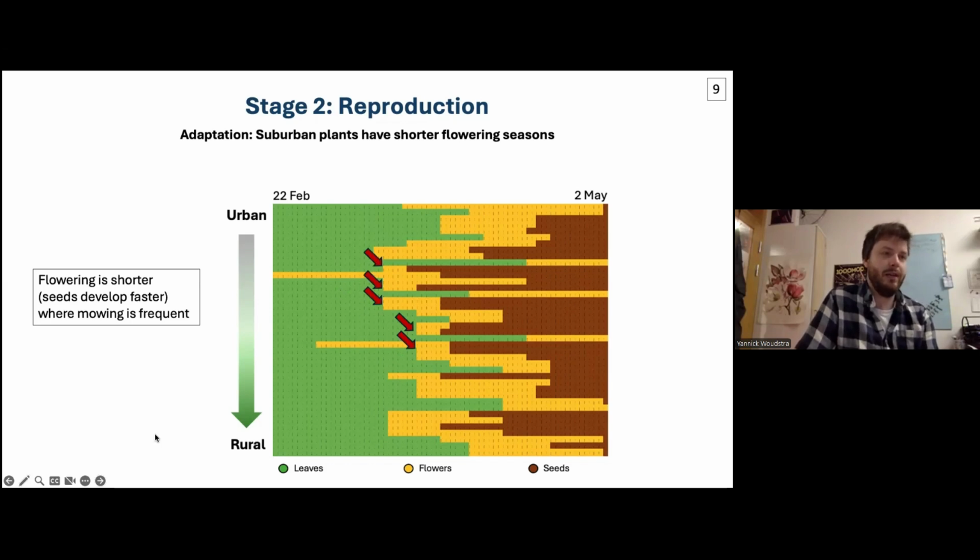So in these locations, mowing was very frequent, and we see that the flowering season is shortened there. So the transition from basically yellow to brown in this graph. And this seems to be inheritable because we found the same differences for the same accessions in the greenhouse.